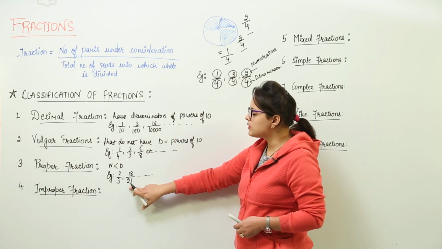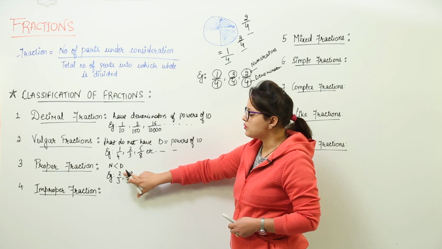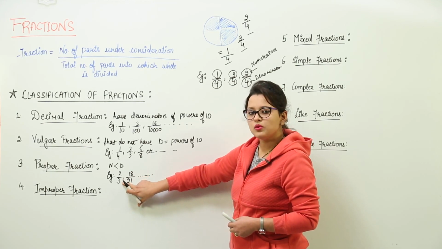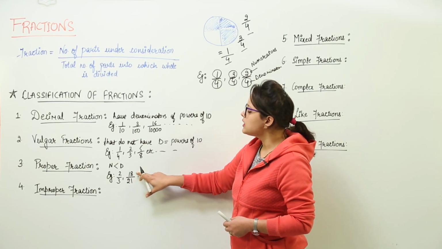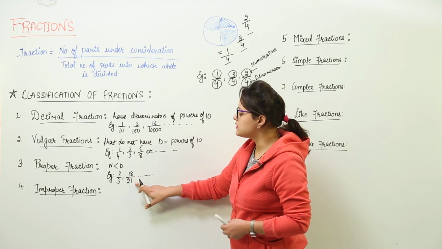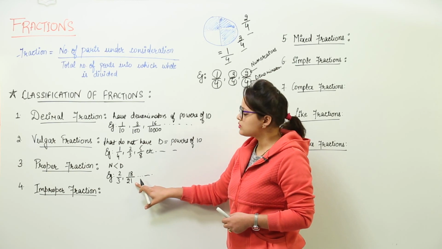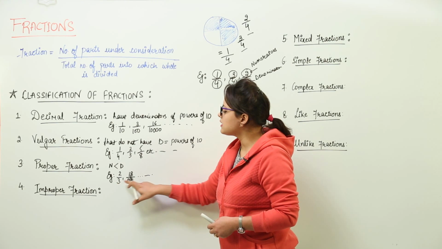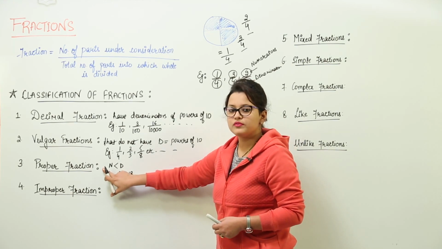In both the cases you can check, the numerator is 2 whereas the denominator is 3. That means the numerator is less than the denominator. Over here also the numerator is 18 whereas the denominator is 21. So here also the numerator is less than the denominator. So both these are considered in the category of proper fractions.